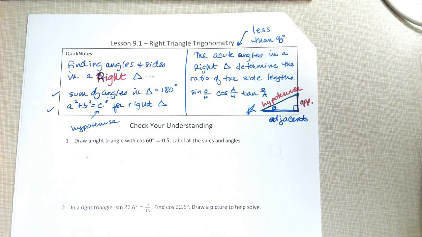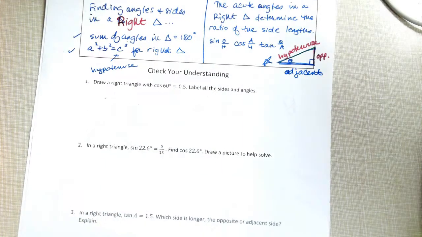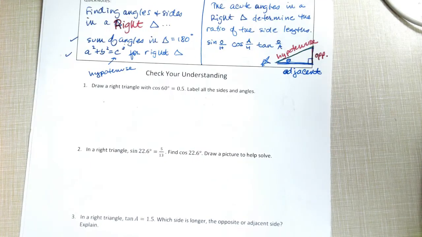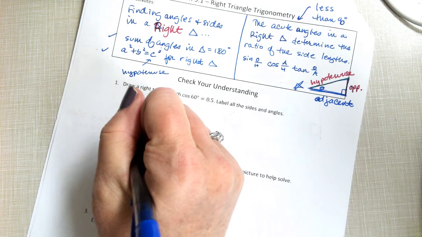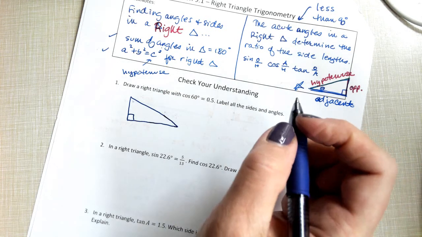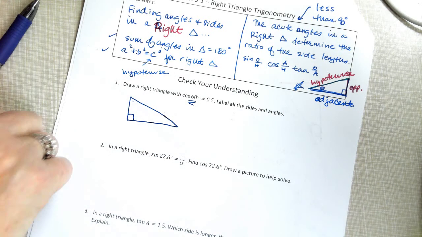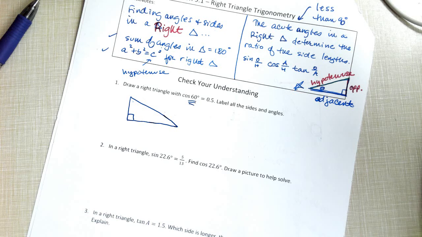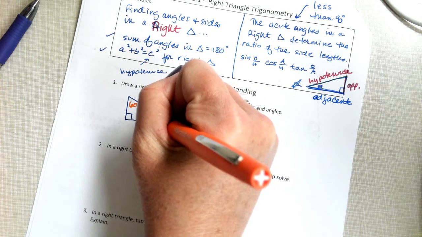Okay, so let's reaffirm that by drawing a right triangle with cosine of 60 equal to 0.5. So you're going to draw a right triangle to start, and one of the angles has to be 60. So if one of them is 60, then the other one is 30.